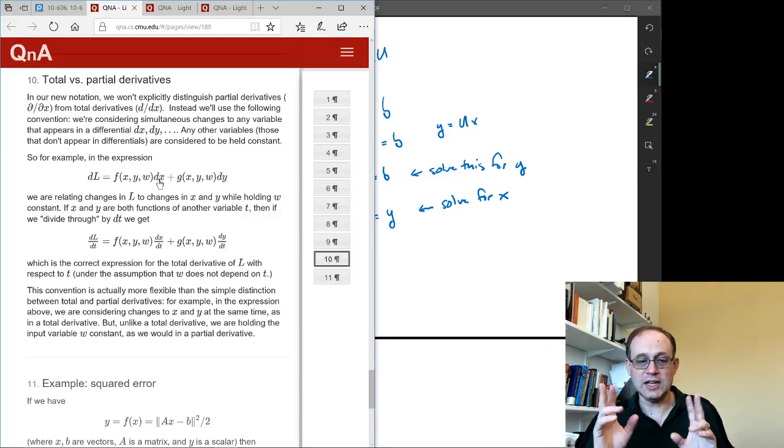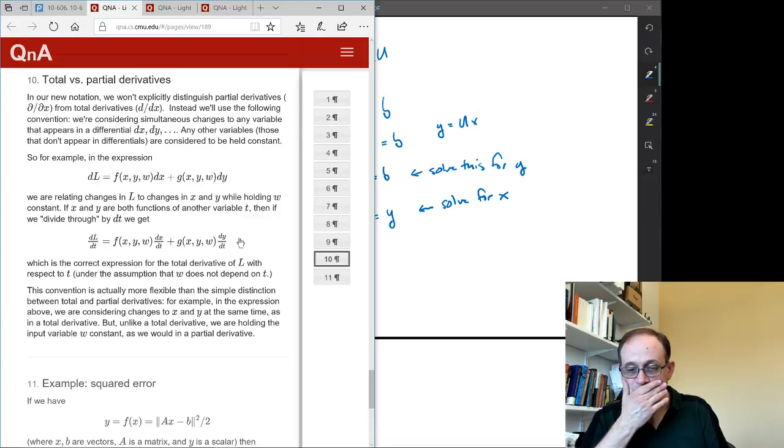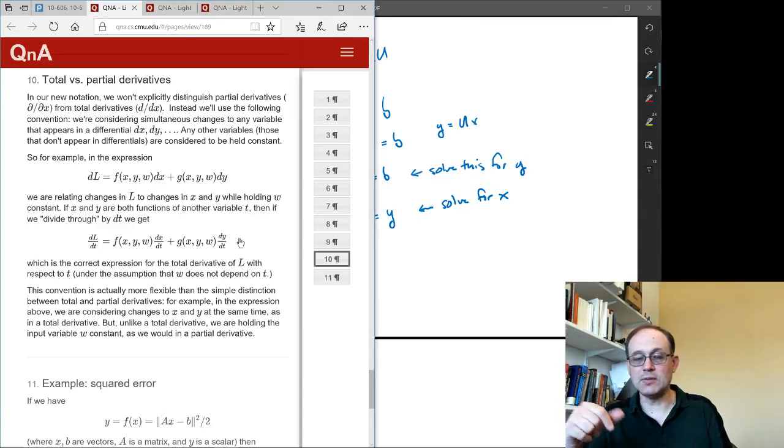We can again quote-unquote divide through by dt and get dL/dt equal to this expression here, which is in fact the correct expression for the total derivative of L with respect to t while we're holding w constant. In the differential expression, we don't have to say what we're holding constant, whereas in order to say that this is the correct total derivative, we have to explicitly list out which variables are variables and which ones are being held constant.